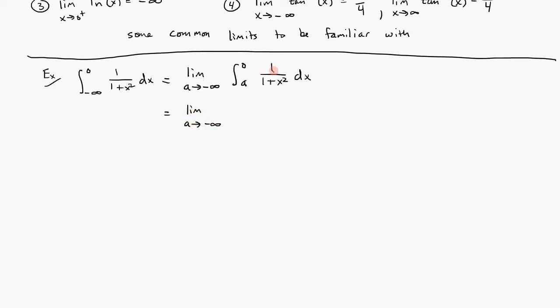Okay, so the antiderivative of 1 over 1 plus x squared is the inverse tangent, evaluated from a to 0. So now plugging in the endpoints.